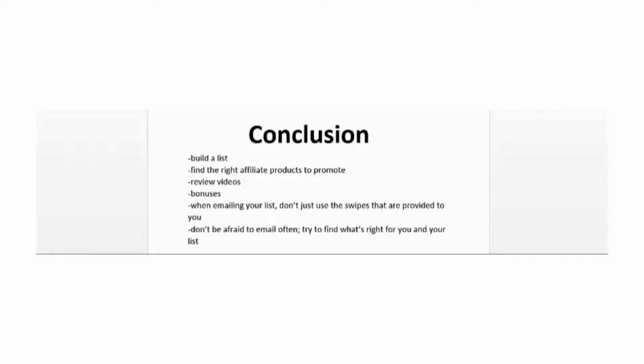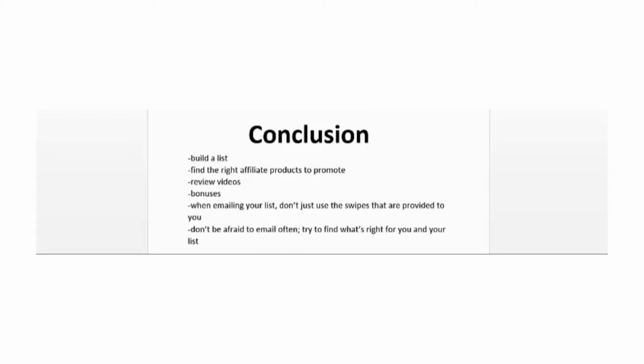So to recap, if you want to be successful at affiliate marketing, you have to build a list of subscribers that you can continually promote products to. Okay, in another video I also taught you how to find affiliate products to promote, and I also recommend you create review videos to separate yourself from the competition, and also to give more information on the products to your customers so they know what they're buying and that it's a high quality product.